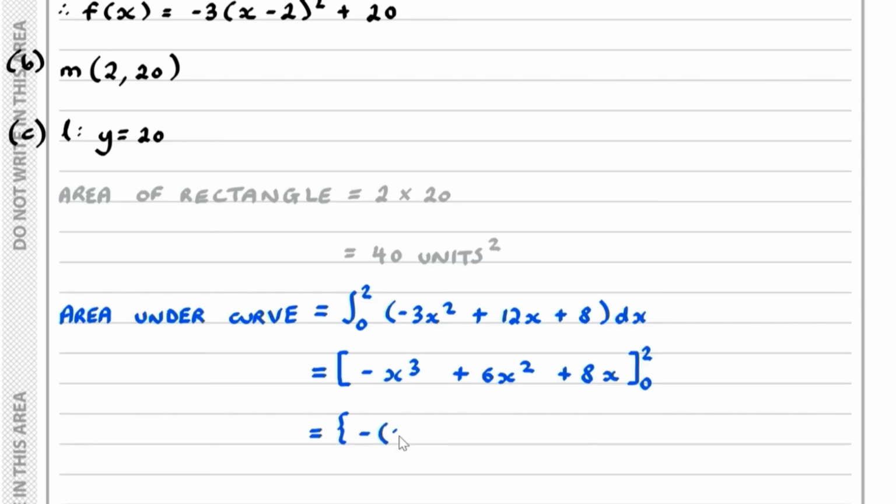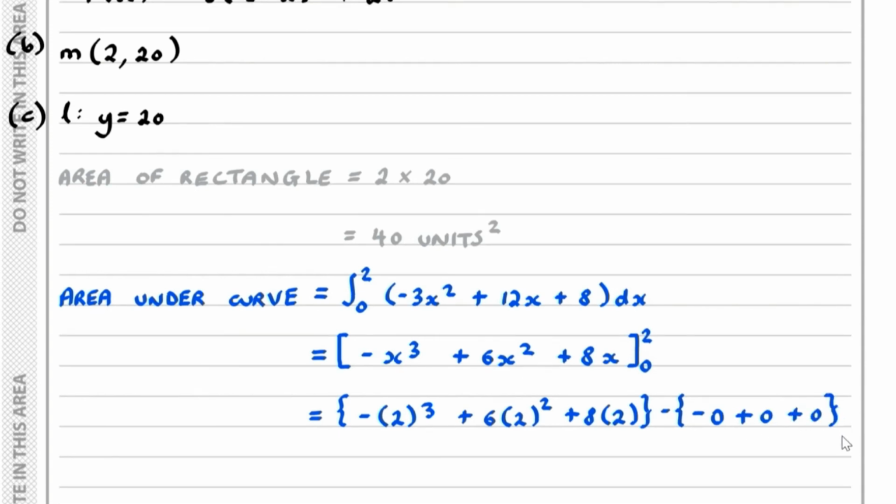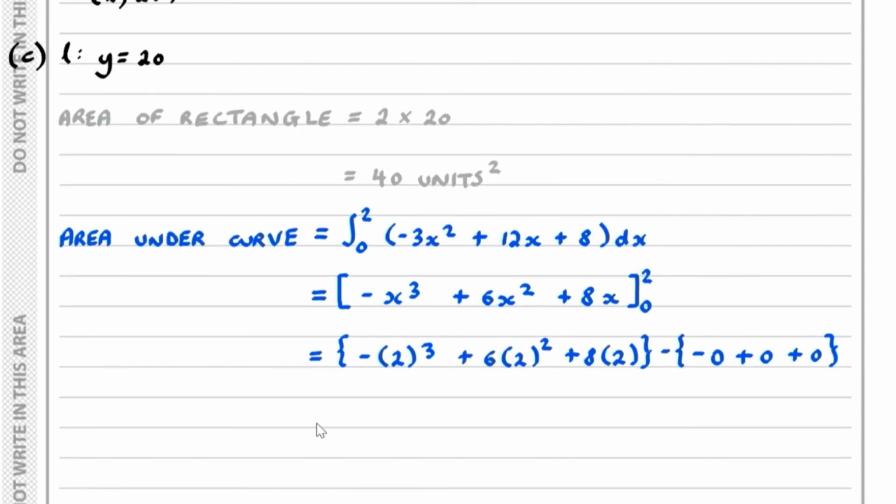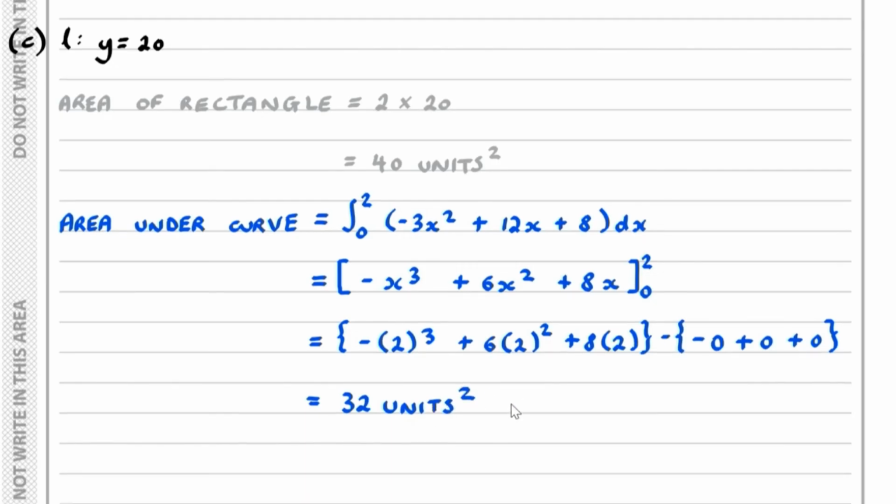So we've got minus 2 cubed plus 6 lots of 2 squared plus 8 lots of 2 for the upper limit. For the lower limit, we'd have 0, another 0, and then another 0. So it turns out here we get 32 units squared.